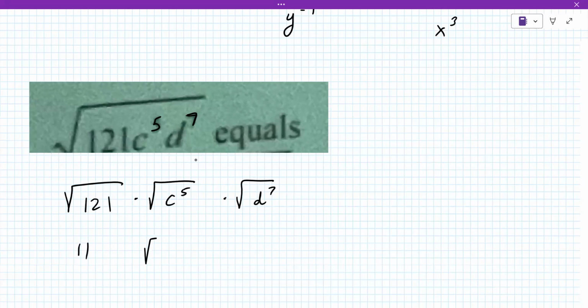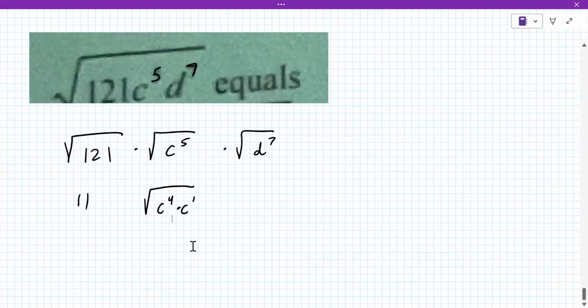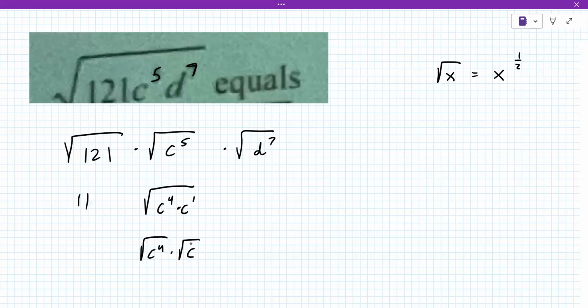Yeah. The c to the 5th becomes c to the 4th times c to the 1. Okay, you always go down by 1 in your exponent. And then you further break this apart into square root of c to the 4th times the square root of c. Now, the reason that's useful is the square root of x is really x to the 1/2. So whatever exponent you have in here, it's n divided by 2.